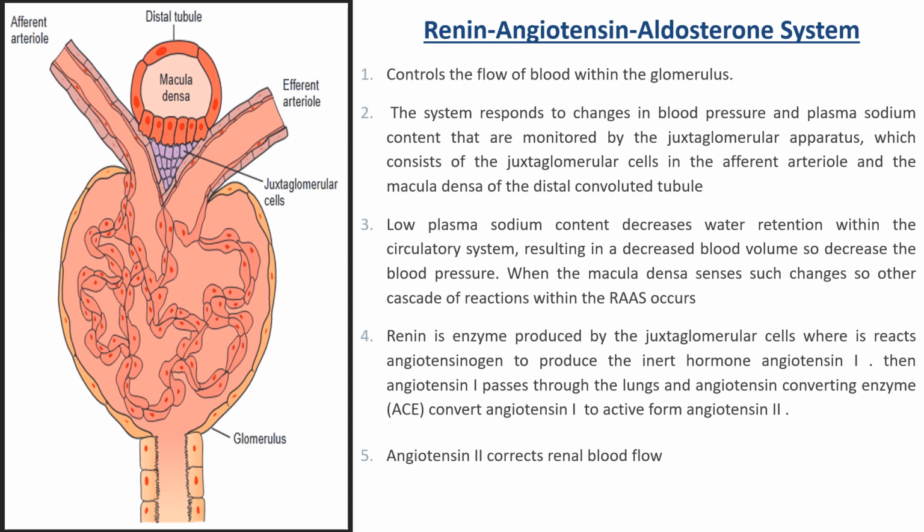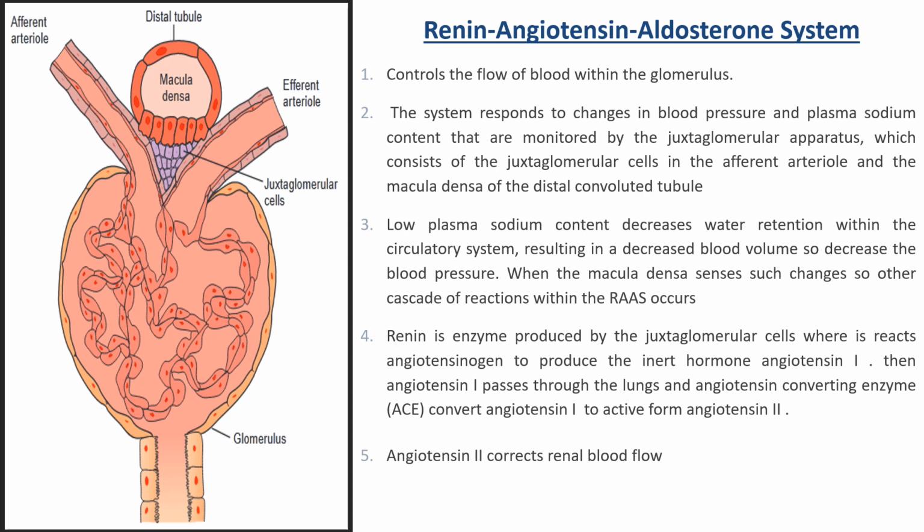Low plasma sodium content decreases the water retention within the circulatory system, resulting in decreased blood volume, so decreased blood pressure. When the macula densa senses such a change, a cascade of reactions within the RAAS occurs.